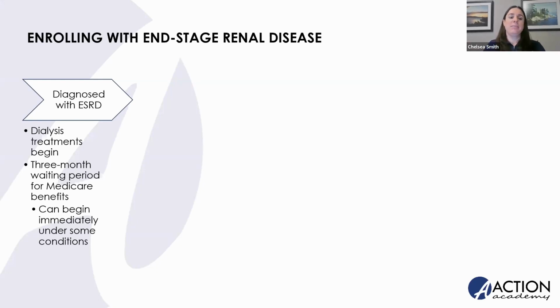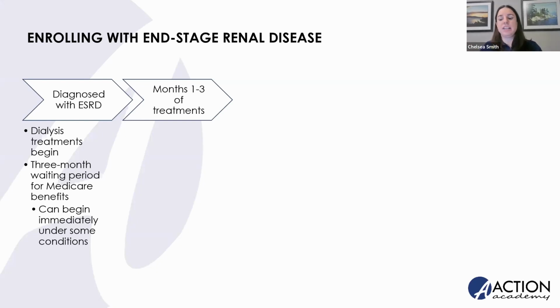Otherwise, the beneficiary with ESRD needs to wait before Medicare benefits start. During that first 3 months of treatments, a beneficiary's group health plan will continue providing that medical coverage. The group plan is responsible for coverage until that first day of month 4, when Medicare benefits kick in.